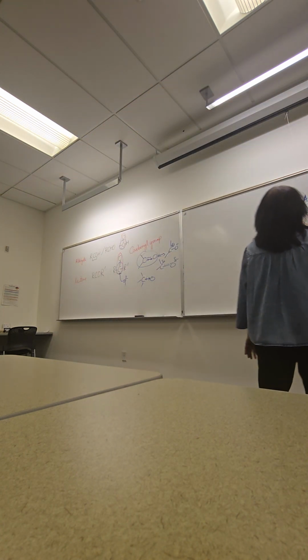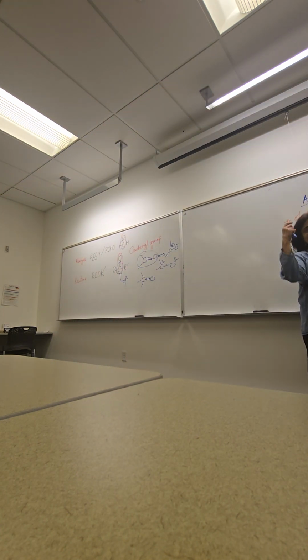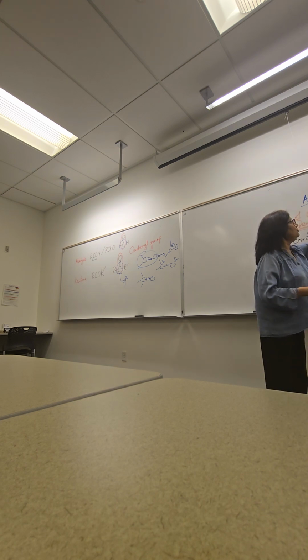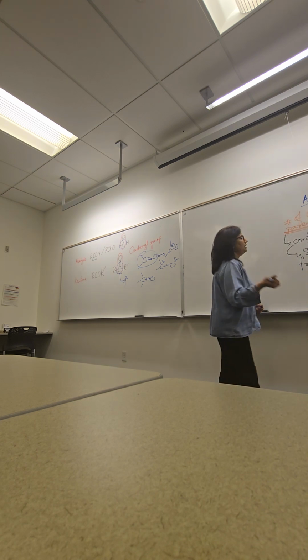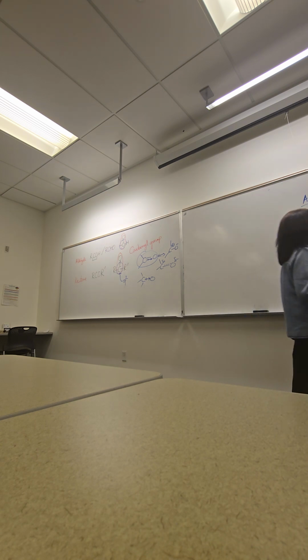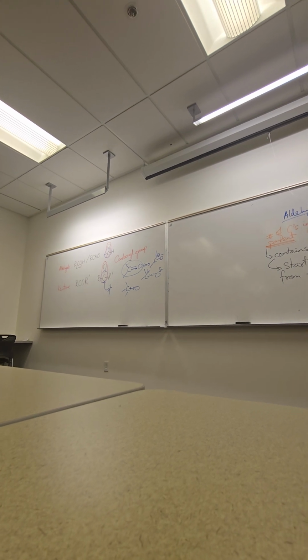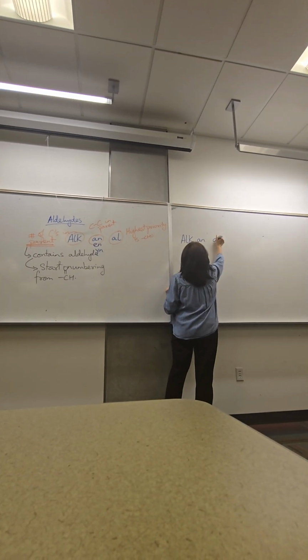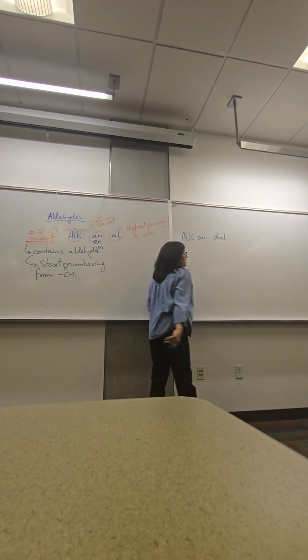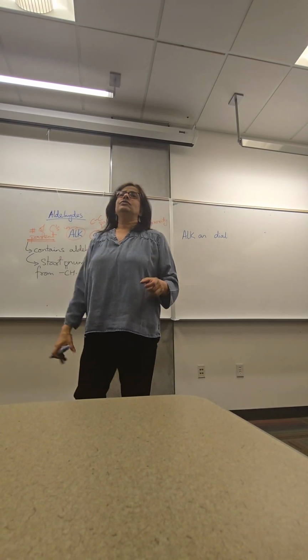So what if there were 2 aldehydes in one parent? Then how do you change this name? Alkane becomes alkanedial, of course. What else changes?